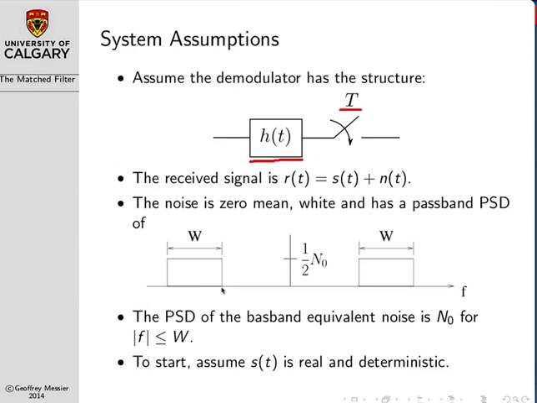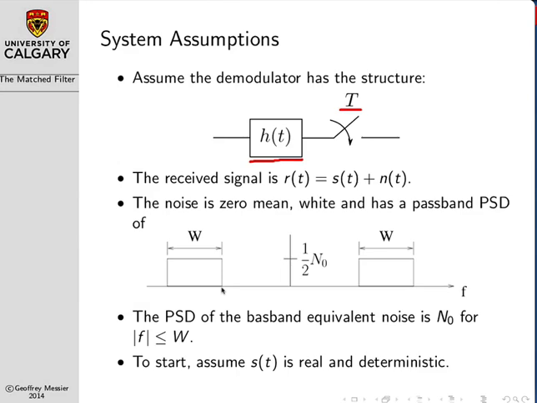So if you read, for example, classic textbooks like Proakis, and indeed really many research papers published even today, we will use a continuous time notation to refer to this demodulator filter.